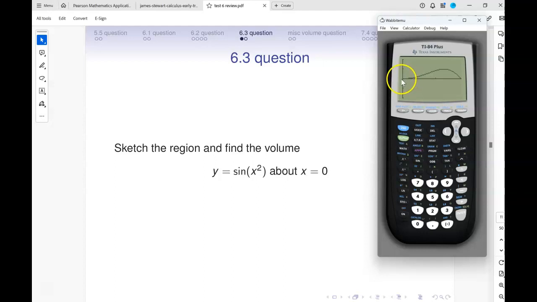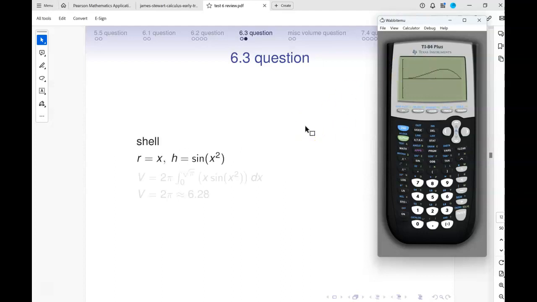When I draw my radius, every cylinder sits along this bottom, so the radius is just the x coordinate of the function. The height would be the y coordinate for the function. Yes, you're doing x. So it's 0 to 5.